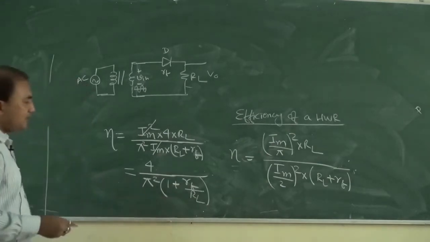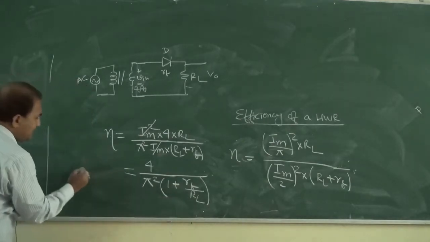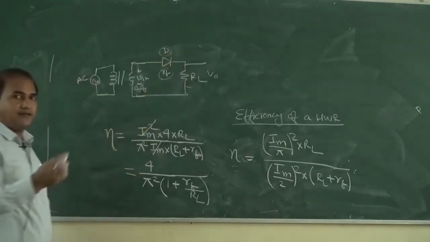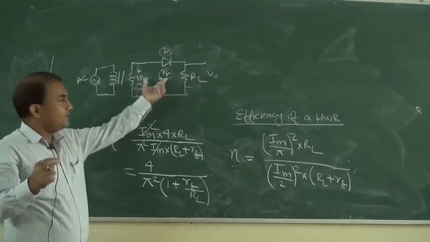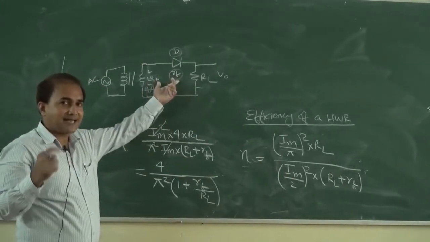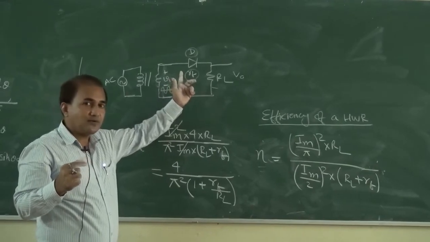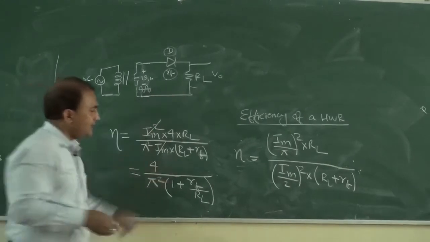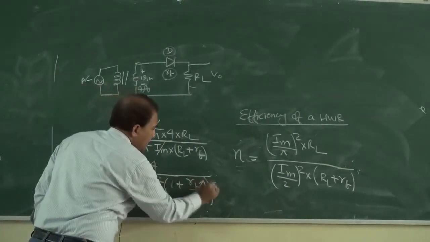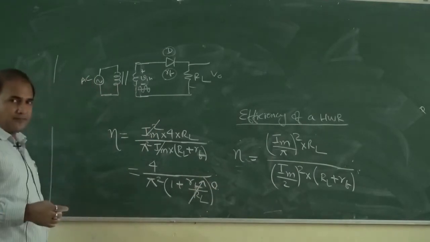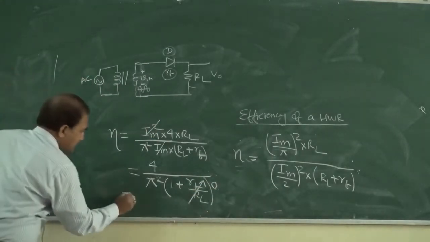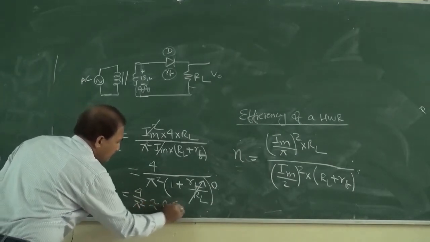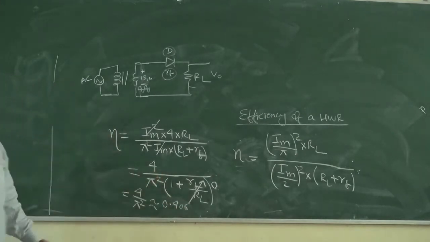Now in general, the RF of this diode is very less, and if we consider this diode as an ideal diode, then RF is equal to 0. If RF is very less as compared to RL, then we can write it as 0. Then it is equal to 4 by pi square, which is 0.406.